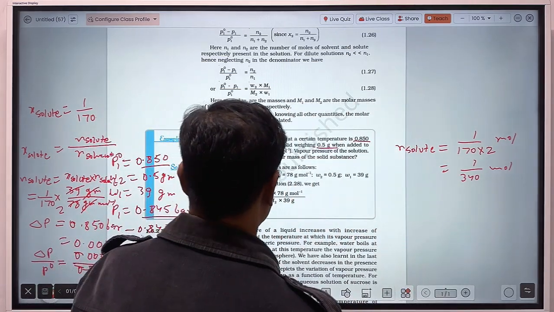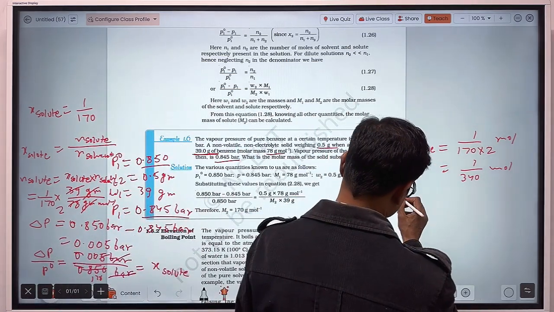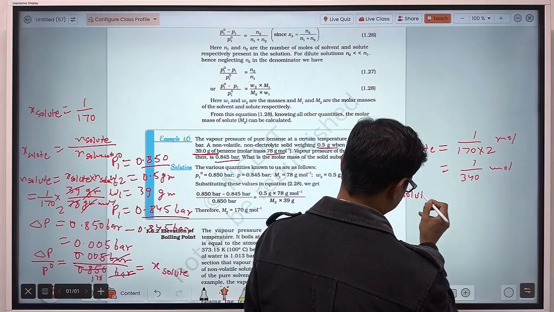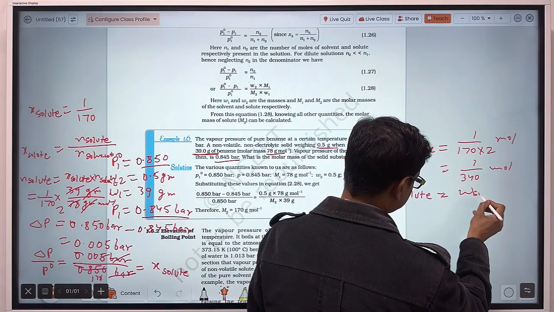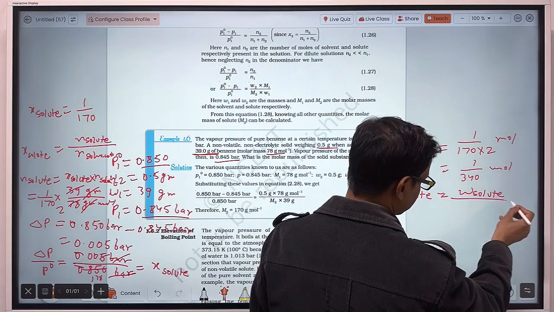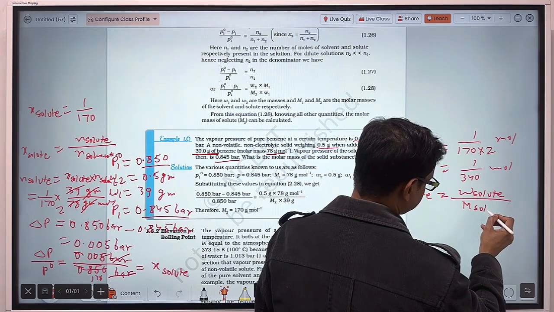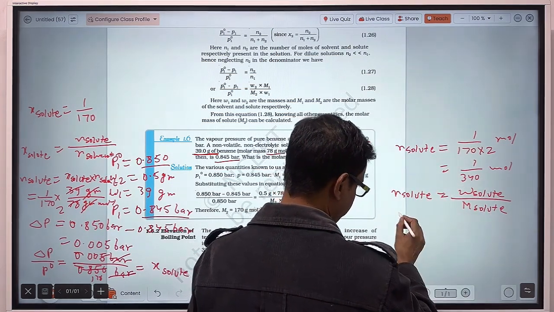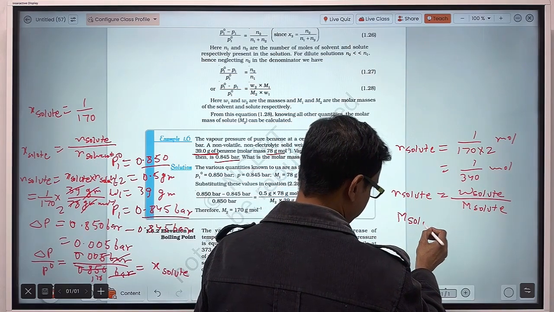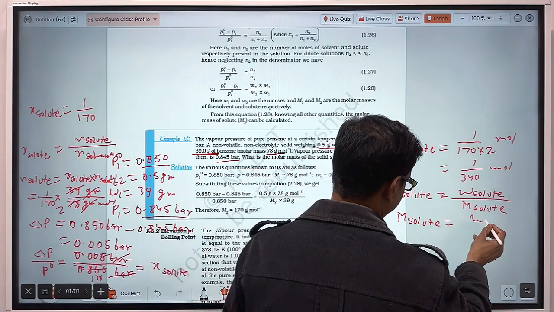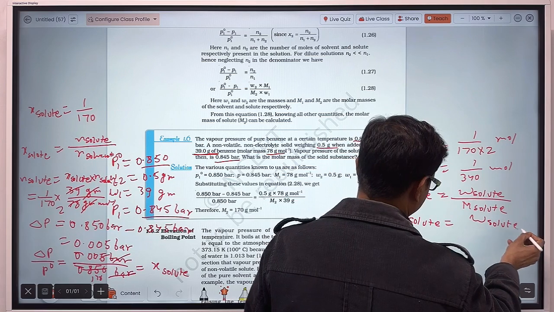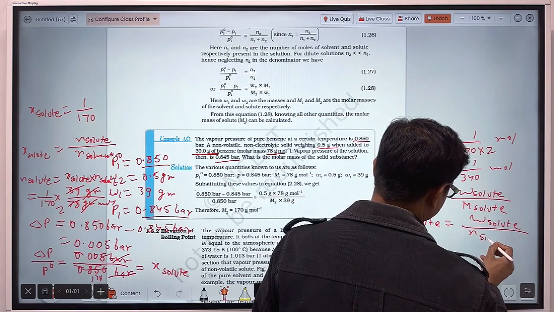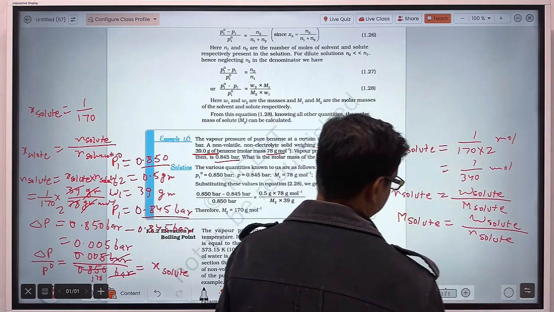Now you have to find out the molecular weight. The number of moles is equal to the given weight of solute upon the molecular weight of solute. So the molecular weight of solute will be equal to the weight of solute upon the number of moles of solute.